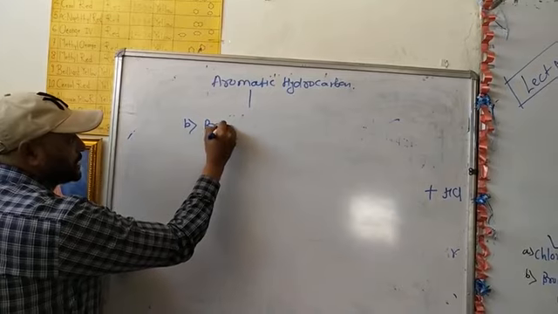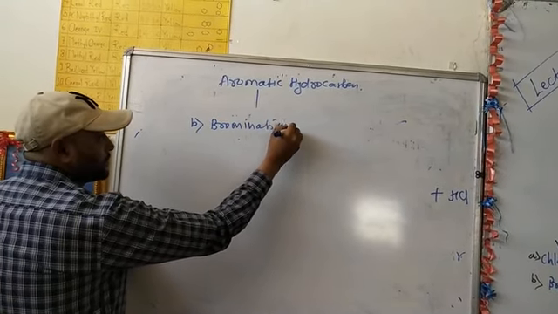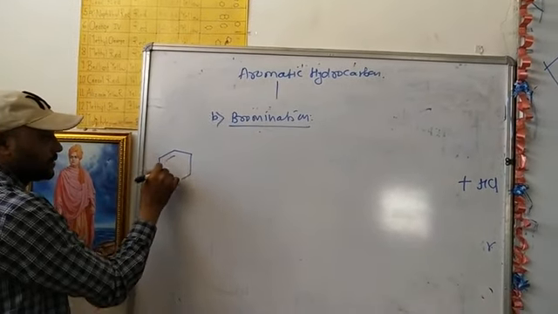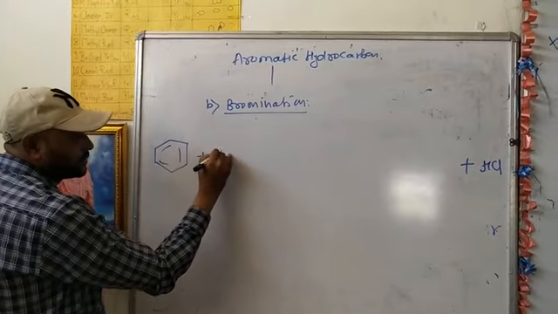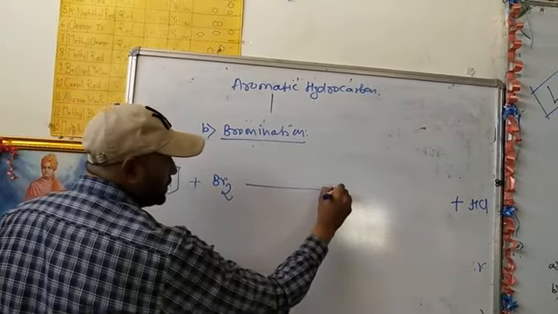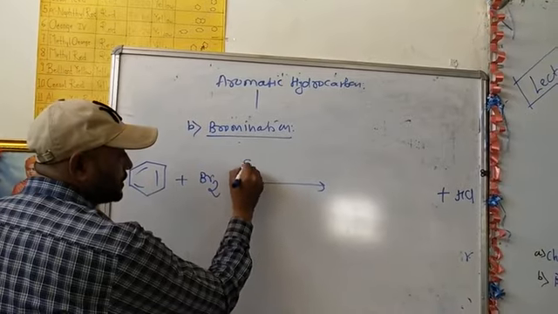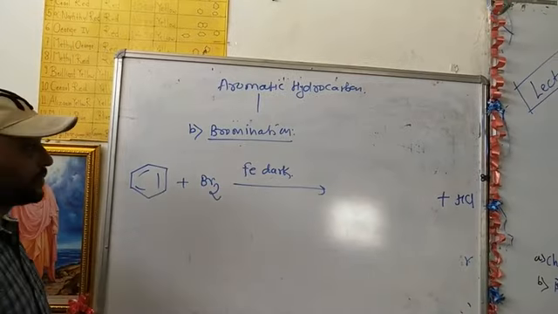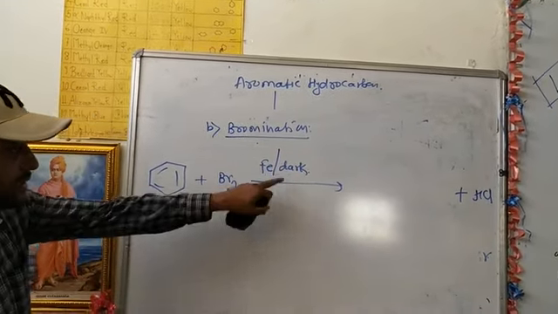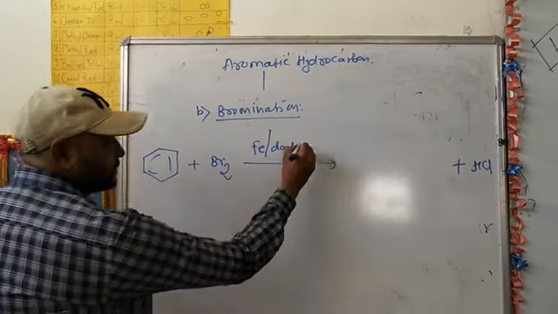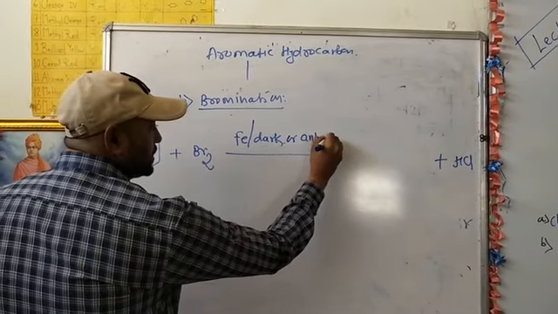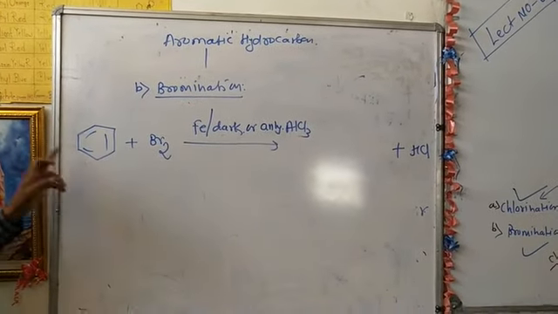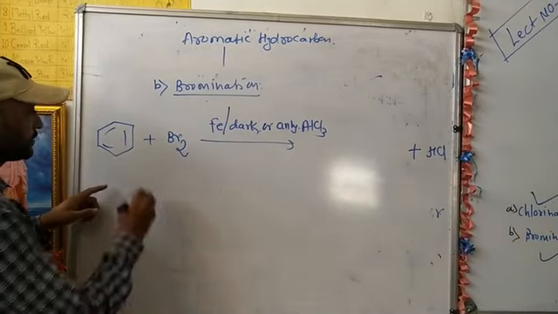So benzene likewise undergoes bromination in presence of Fe, iron, in dark condition, no sunlight is required, or anhydrous AlCl3, and undergoes electrophilic substitution reaction just like chlorination.